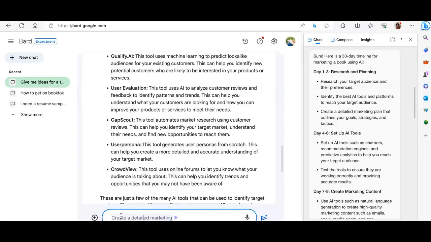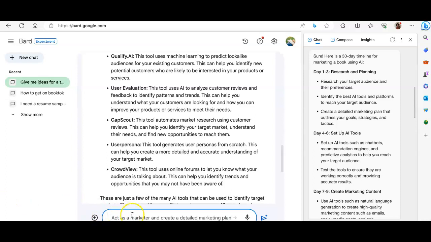Actually, you could start it off with act as a marketer and create a detailed marketing plan, and then you include your industry, okay, your title, your product, your service.